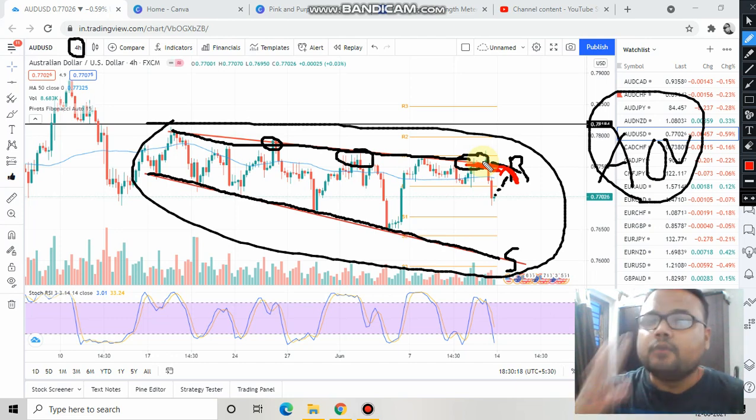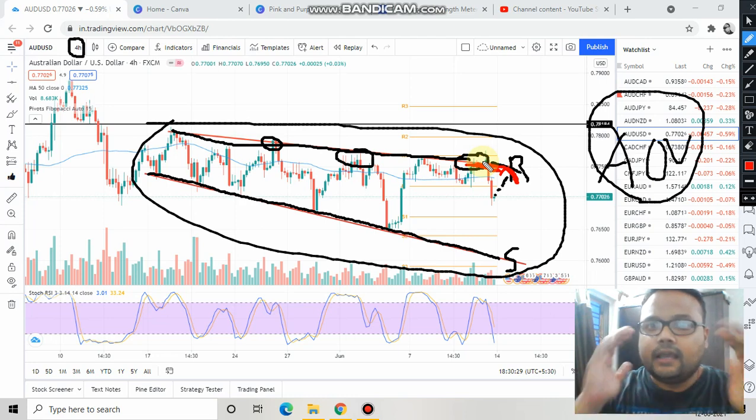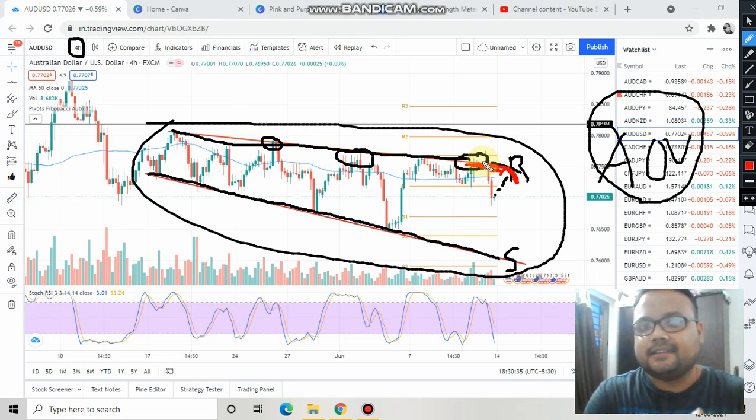If you see some good buying pressure with good volume, then you can think of a buying order. Otherwise, just avoid AUD USD. And if you cannot afford to take any risk, then just look for AUD USD to short the market at the resistance only.